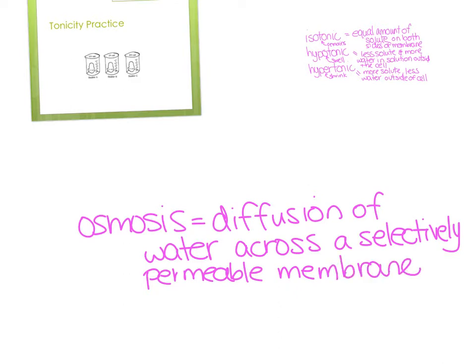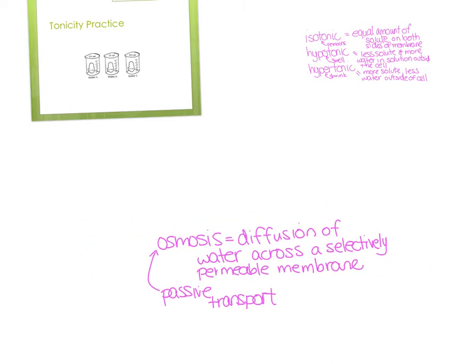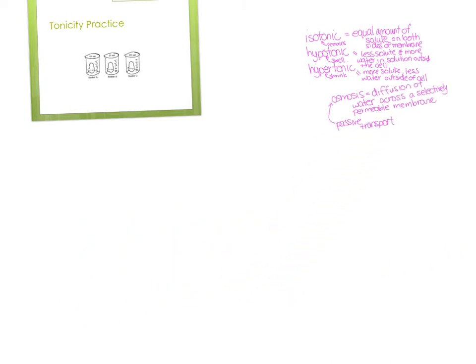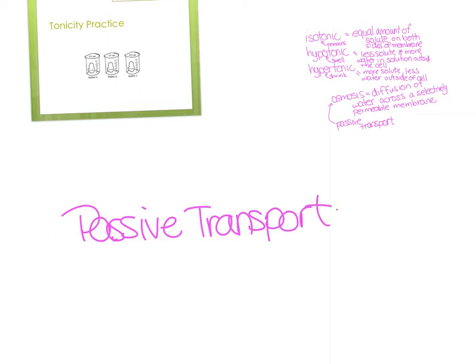What type of transport is osmosis? Active or passive? So we know it's a type of passive transport. So passive transport, help me remember. Perfect. So it requires no energy.